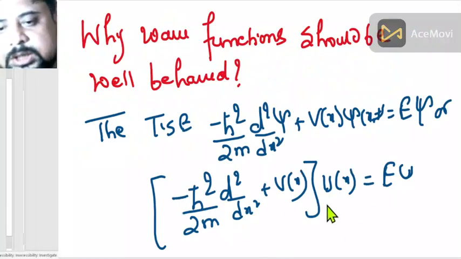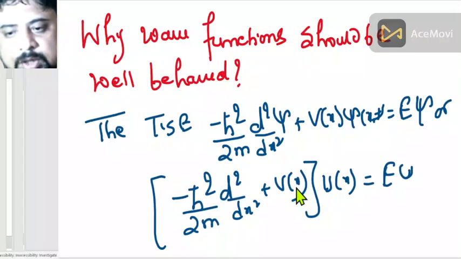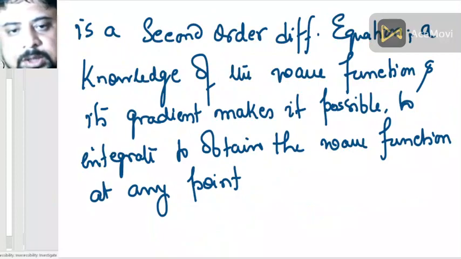The time independent Schrodinger equation that we are discussing here, this is the form of the time independent Schrodinger equation. This is the ordinary form, this is the operator form. It is a second order differential equation, and the knowledge of the wave function and its gradient, means slope, makes it possible to integrate the equation to find the wave function at a particular point.